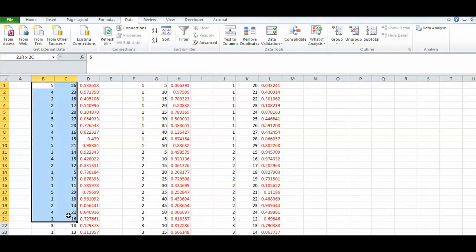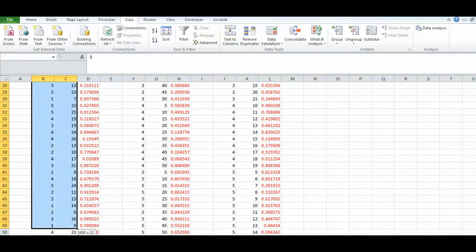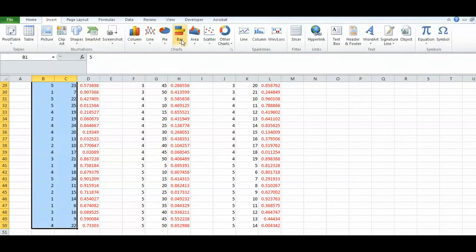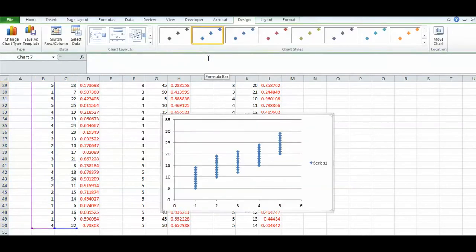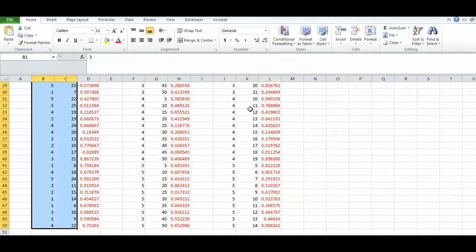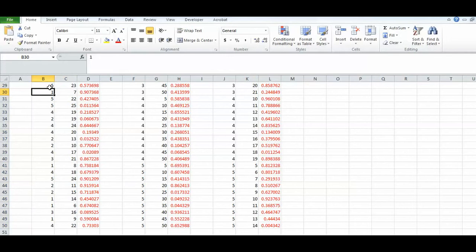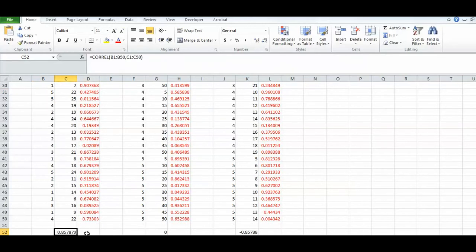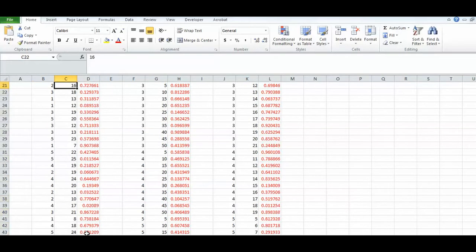So if we created the scatter plot again, it doesn't throw off the correlation because it's randomly shuffled the rows. Now, it's still the same correlation with a positive correlation of positive 0.85. Now let's sample this population.